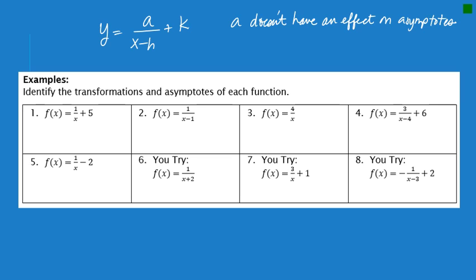All right, so let's take a look at number 1. Remember that we're going to have two asymptotes. We're always going to have an x equals and a y equals asymptote. And pretty much whatever our h value is going to be our asymptote for the x value. And then whatever your k number is will be your asymptote for your y value.